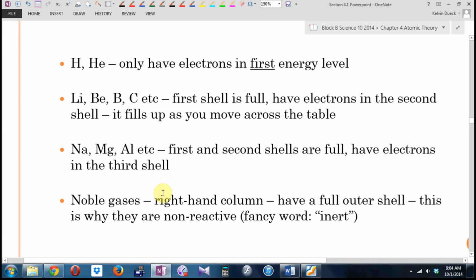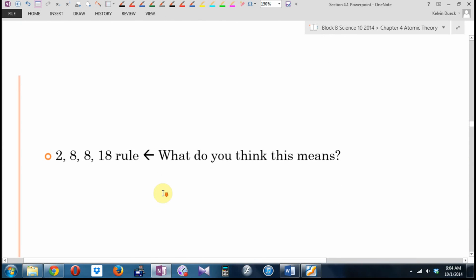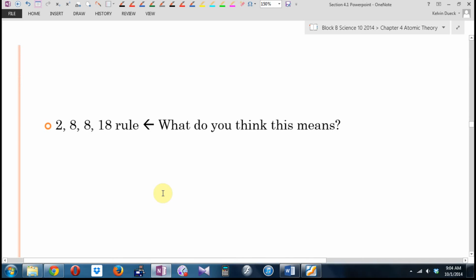I wrote down here the 2-8-8-18 rule. What do you think this means? How many electrons? And because we don't go much past that 18, you can add this with little arrows.